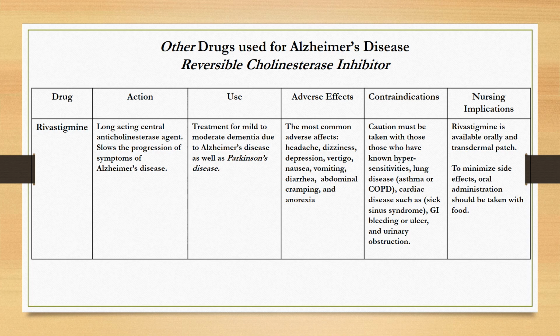Same type of adverse effects can occur with that. Same kind of contraindications occur with that. And nursing implications. This medication does come in a patch, so remember about how to administer those kinds of medicines as far as how often do we change them. It also comes in the oral form as well.